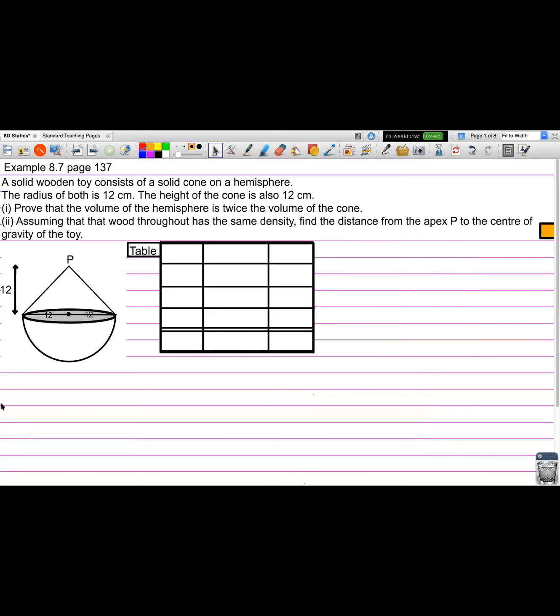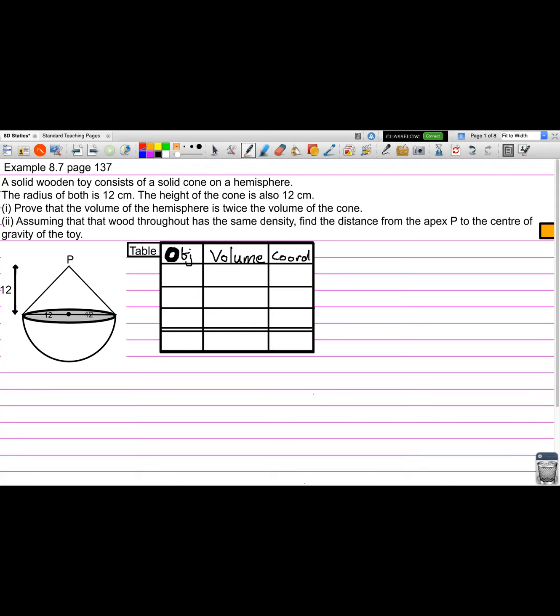The objects are a cone and a solid hemisphere. So we've got here our object. We're going to have not weight. We're going to use volume, because if you read the question, the shapes are all uniform. And here we're going to be looking at coordinates.